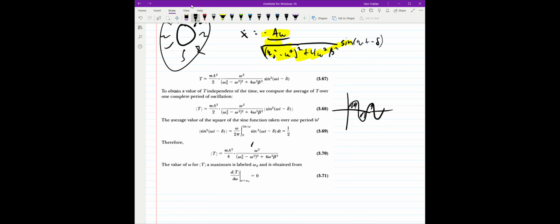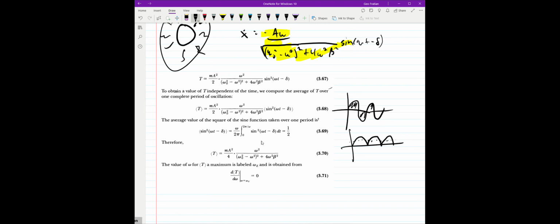You can kind of see how they do it here, actually. Over one period, same thing as infinity. But if you square it, that's sine squared. That's what that looks like, and you can deduce that it's 1/2 graphically, geometrically, or you can just do the math yourself.